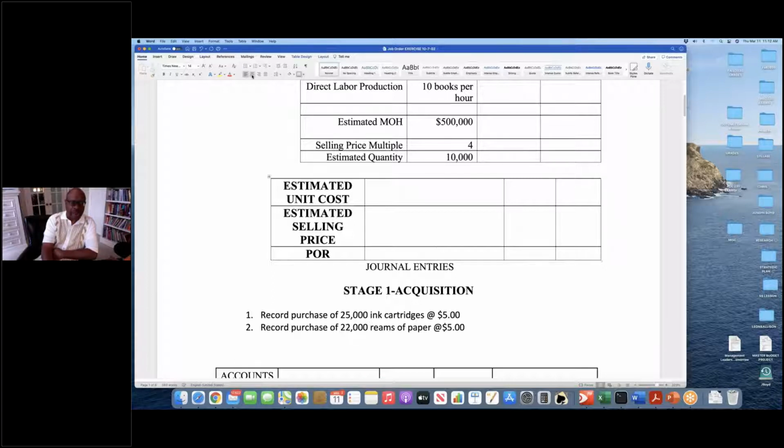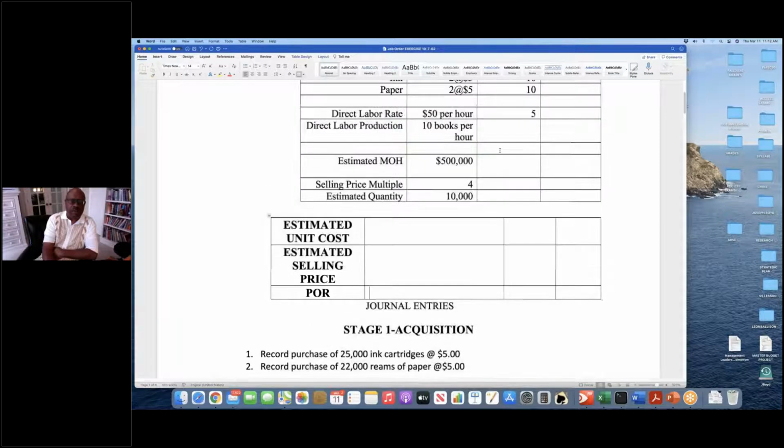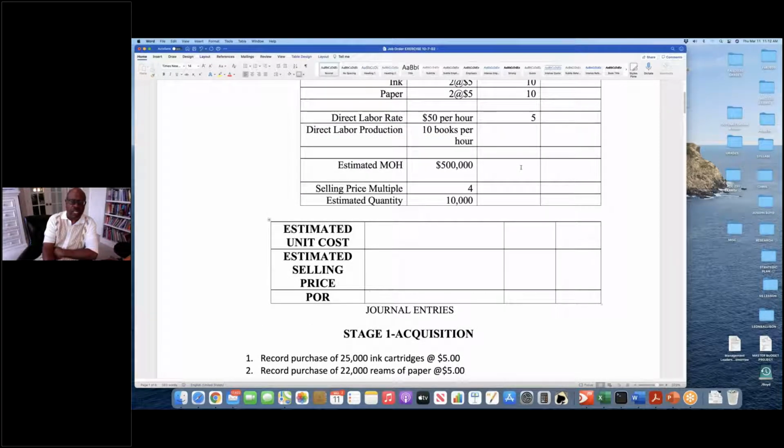We're going to calculate our POR. Then once we do that, we'll be able to finish up and get the overhead cost in here so that we can go ahead and come up with total unit costs, selling price multiple 4, et cetera, et cetera.